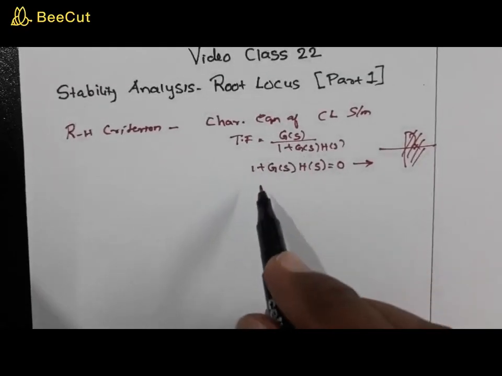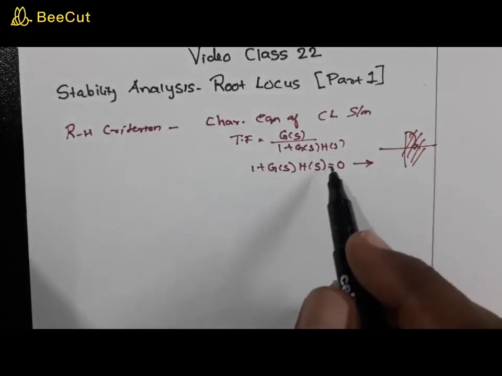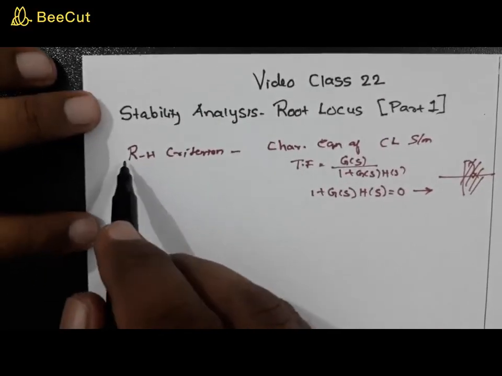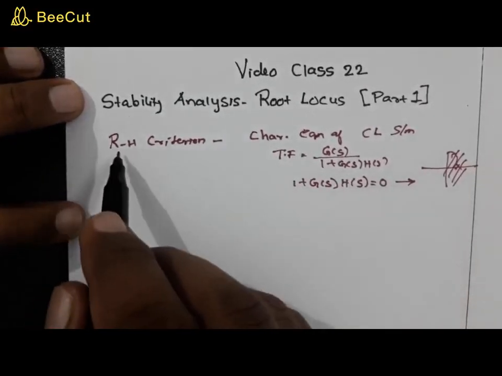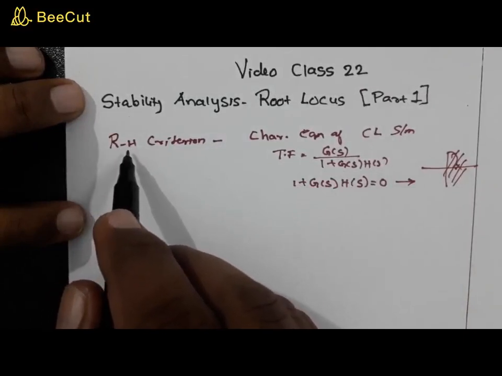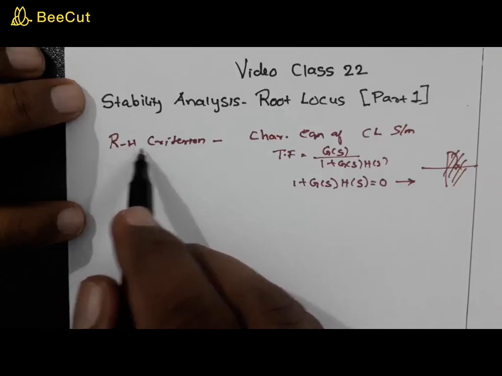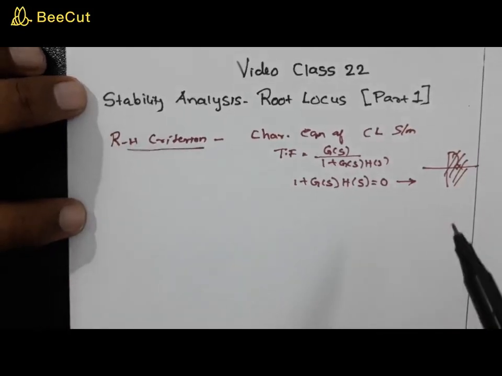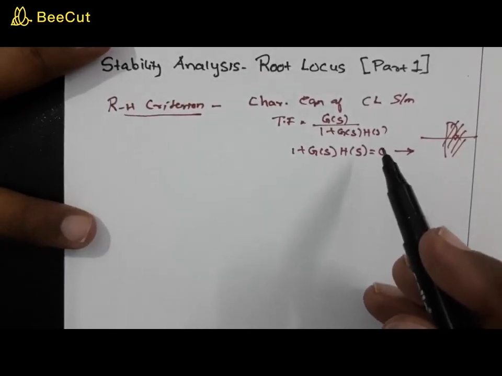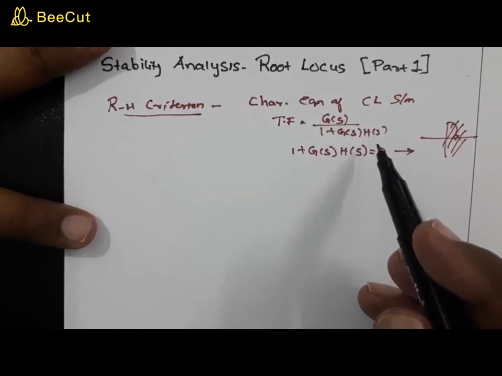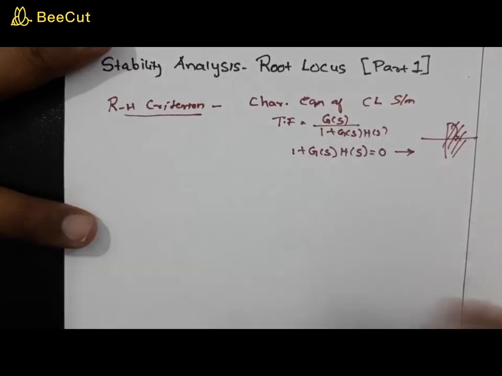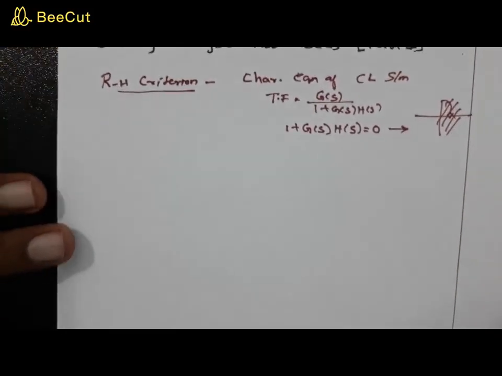But instead of solving the characteristic equation directly, we know how to find out the routh array from the given characteristic equation, and later apply the criterion on the first column of the routh array. We have seen that the number of roots on the right half is equal to the number of sign changes.